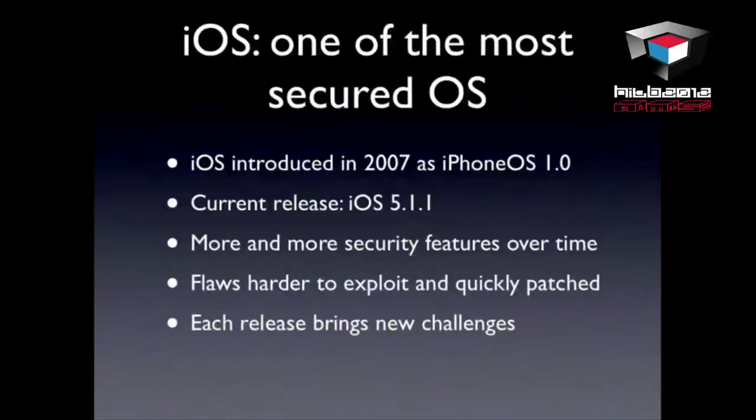Okay, hi. Well, we'll start with a small introduction to the security features of iOS. iOS was introduced in 2007 with the release of the iPhone, and it was initially named iPhone OS 1.0 and later renamed after resolving the naming issue with Cisco, because they used it as the name for their routers' operating system.